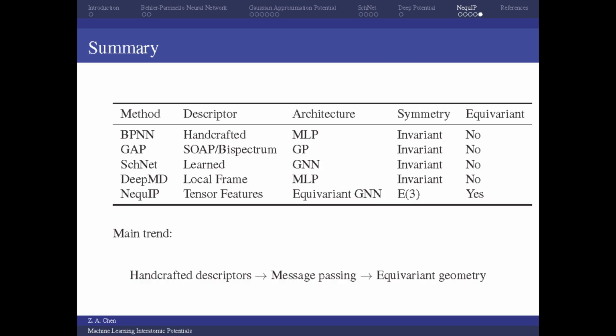SchNet introduced message passing graph neural networks. Deep Potential uses local coordinate systems. Finally, NequIP introduced E3 equivariant tensor representations. Overall, the field has evolved from manually designed symmetry functions toward fully geometric and equivariant neural networks.